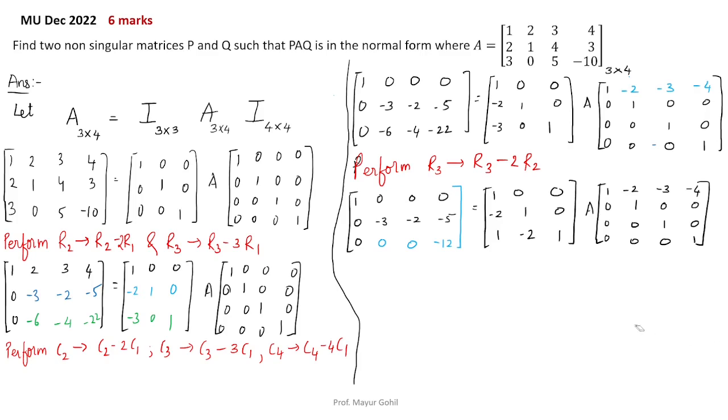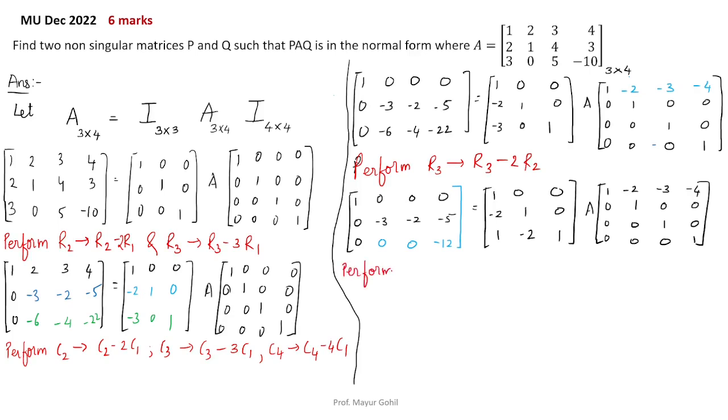So I want this element to become 1. Somehow I want to make it 1. So let me do that, and I can do it very easily. Now I can directly perform the following operations.